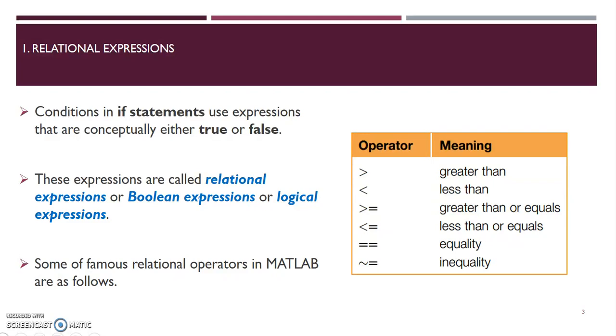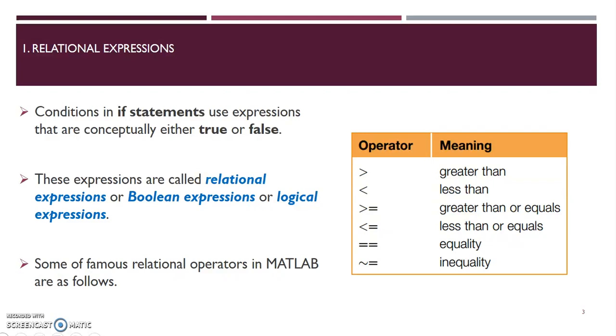In basic math, we have some operations called comparison operators that allows us to compare the numbers and expressions to understand whether an equation is true or false. MATLAB uses similar symbols for the relational expressions.